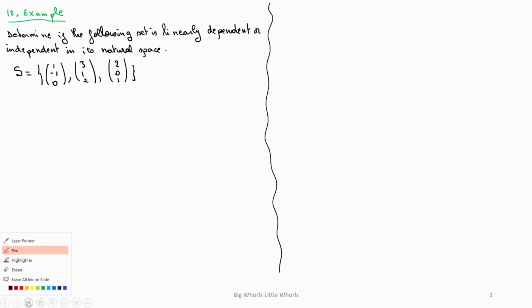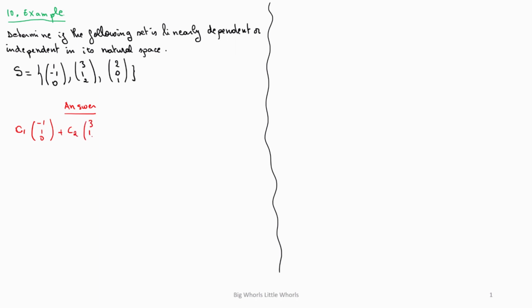So how do you prove whether S is linearly dependent or linearly independent? What we have to do is take the linear combination. So we have C1 times (-1, 1, 0), plus C2 times (3, 1, 2), plus C3 times (2, 0, 1), and we let it equal 0. We take the linear combination and perform Gauss's method so that we can get the values of C1, C2, C3.